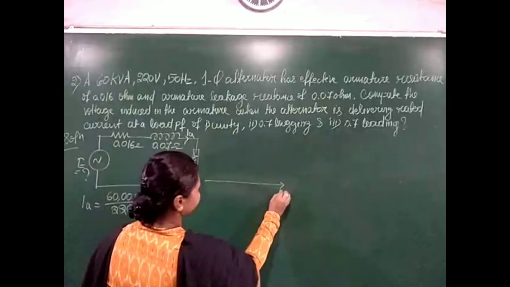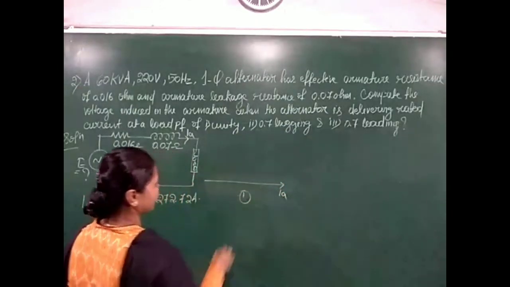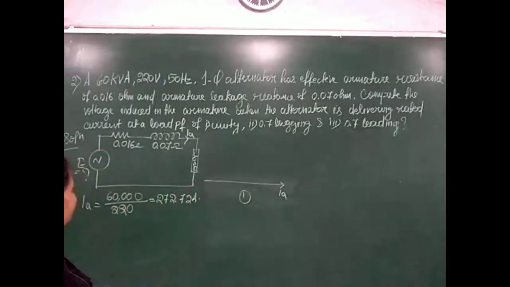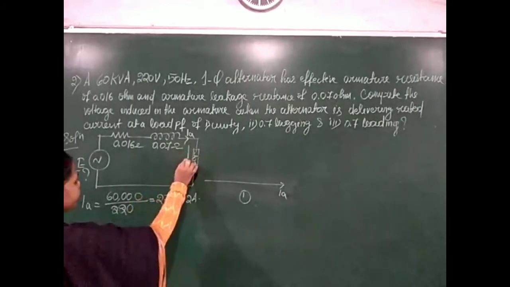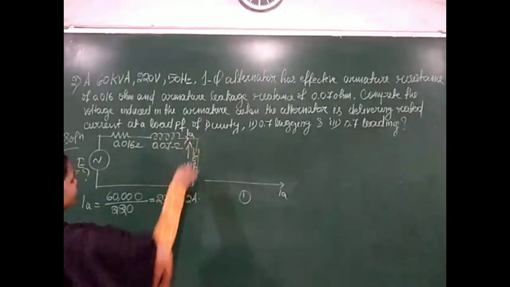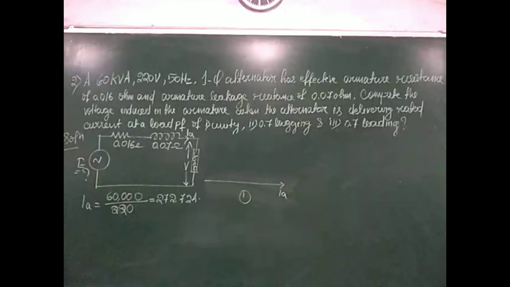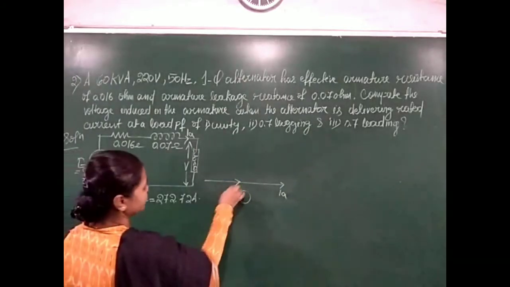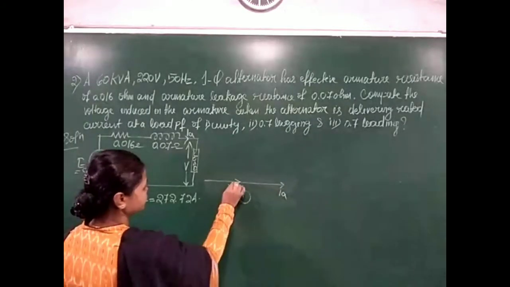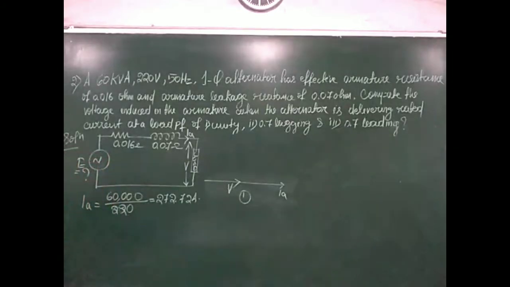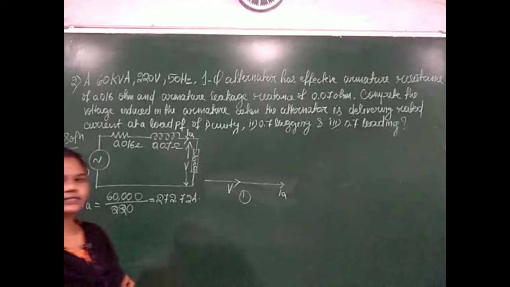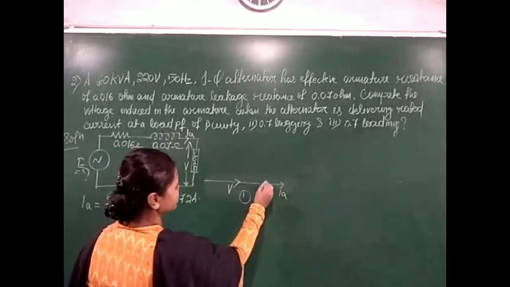You take reference as IA. Then the terminal voltage V, in case of unity power factor, is in the same phase with the IA phasor. Drop due to armature resistance is in the same phase with the IA phasor.